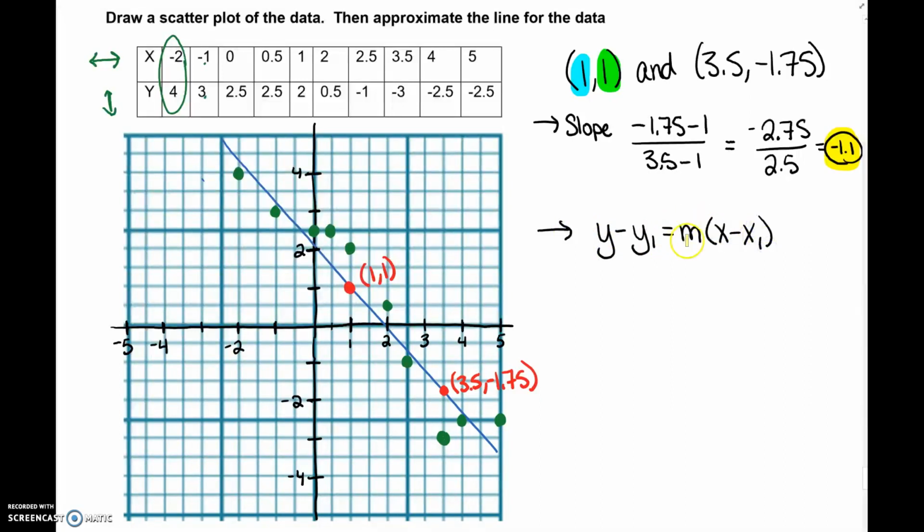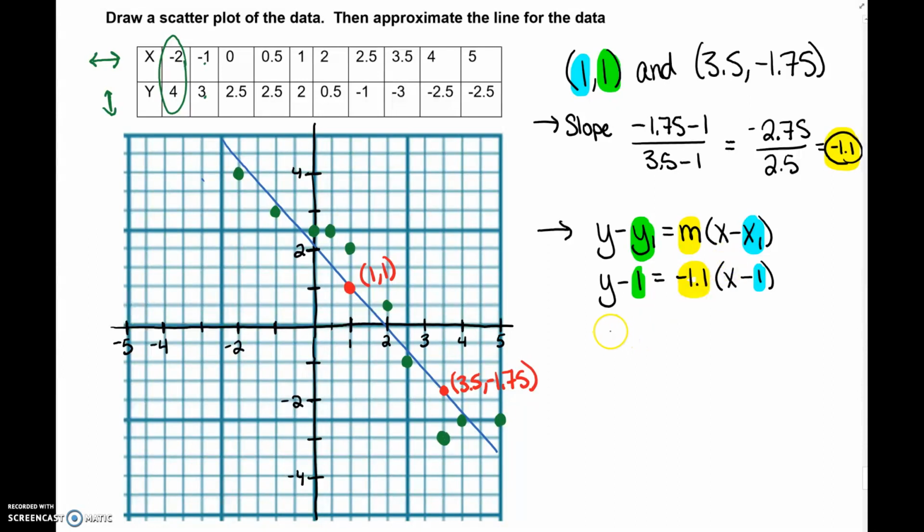And you're going to put your slope in place of m, one of your points, the x value, in place of x1, and your y value in place of y1. So mine, I will do y minus 1 equals negative 1.1 times x minus 1. Your next step is to get this into slope-intercept form.